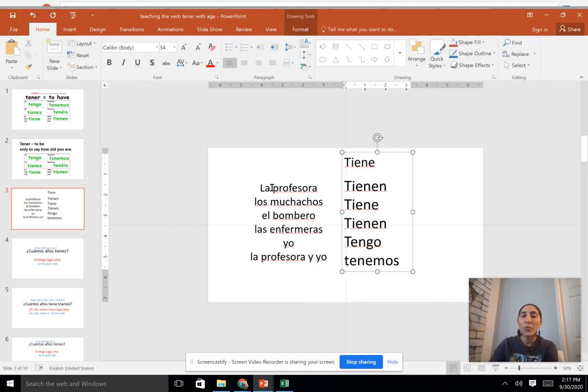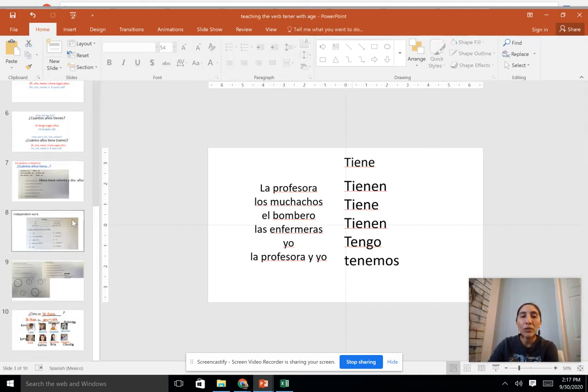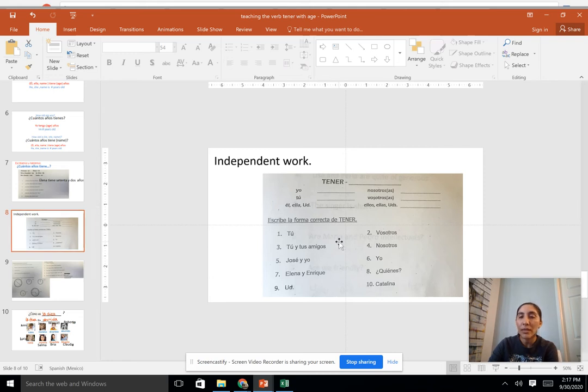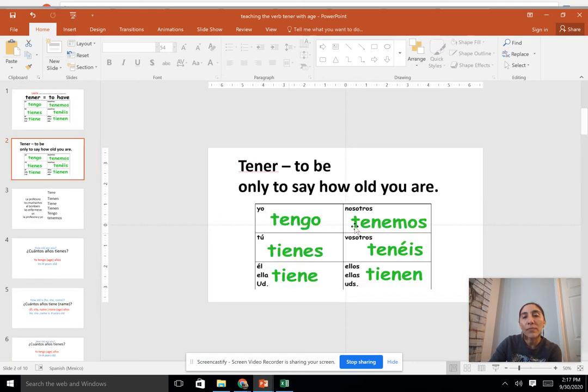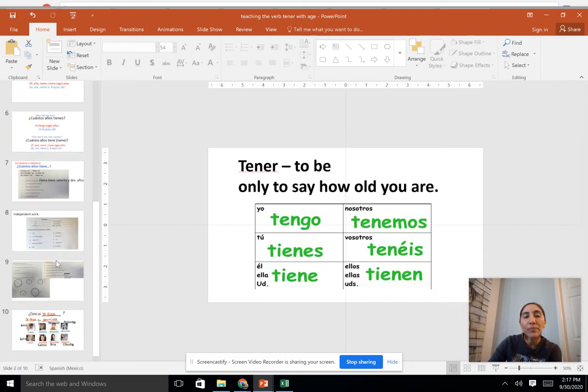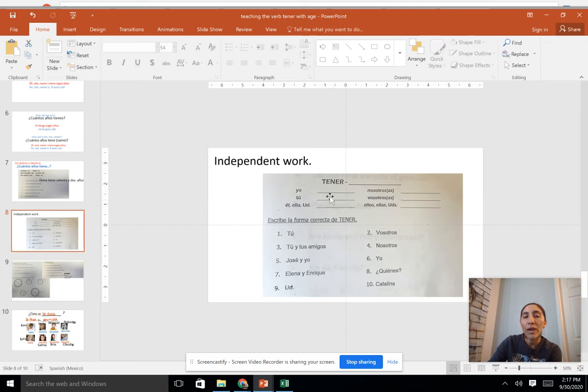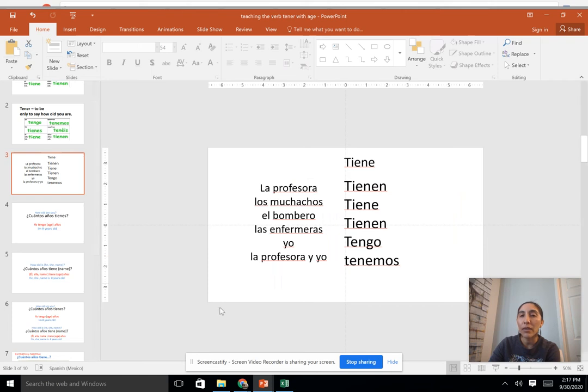Based on that, I want you to go into this assignment and conjugate. Just copy the chart that you have in here, conjugate the verb and put it right here. And then based on the subjects or the pronouns that I'm giving you, conjugate the verb tener, just like how I did here.